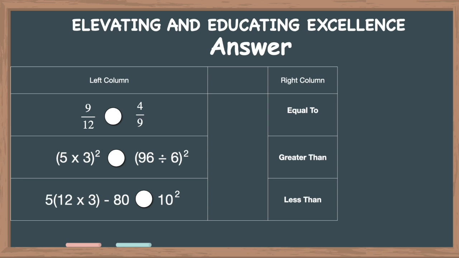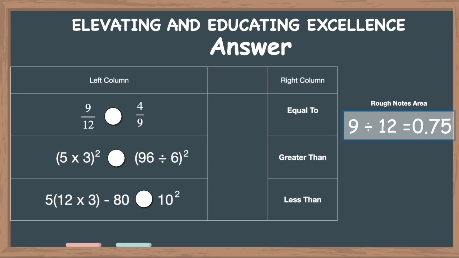Okay, so let's start with the first fraction. So let's draw a rough box. And in that rough box, we're going to write 9 divided by 12. 9 divided by 12 equals 0.75. Now we're going to draw another rough box to do the other fraction.